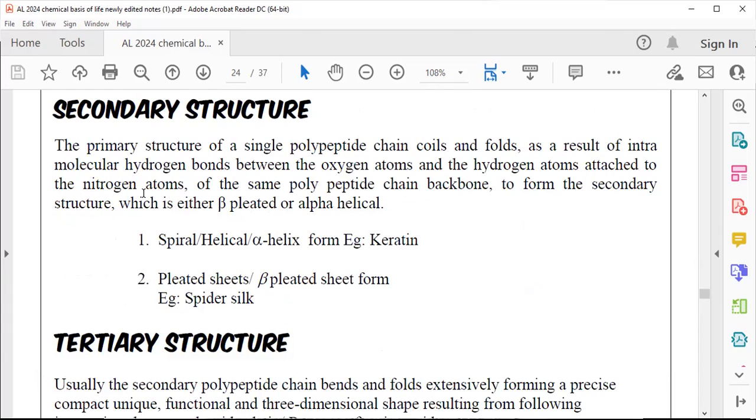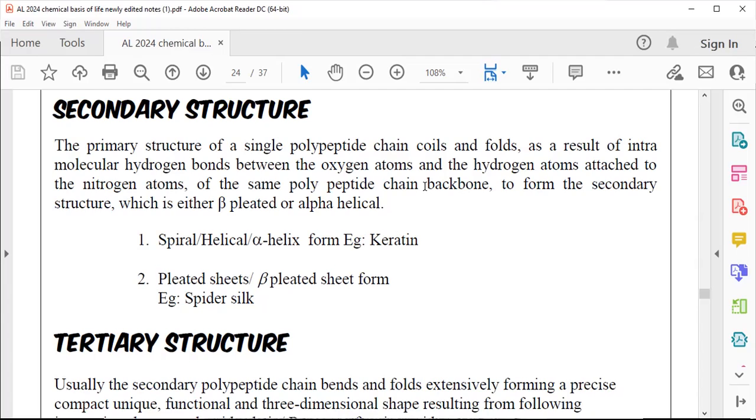Remember, go to the secondary structure. In the secondary structure, what is the specializing bond? In the secondary structure, the specializing bond is hydrogen bond.